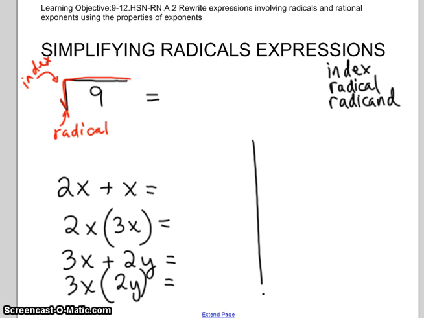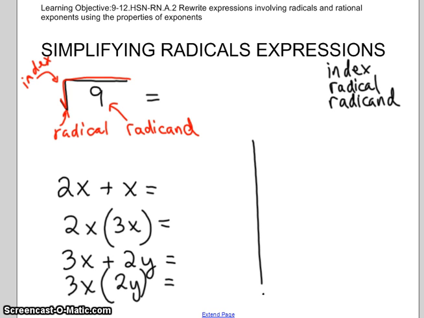Sometimes we'll do cube root, or the index will be 3, and you'll see a 3 at that spot. The number itself, or whatever's inside the radical sign, is called the radicand. So those are the parts to a radical.